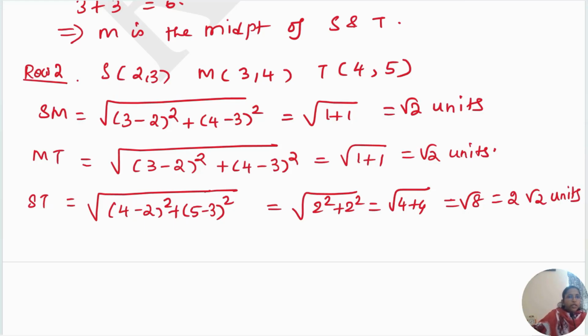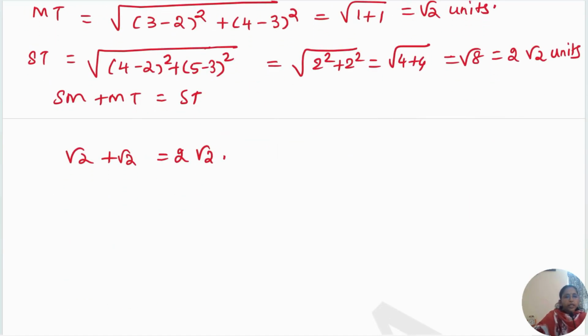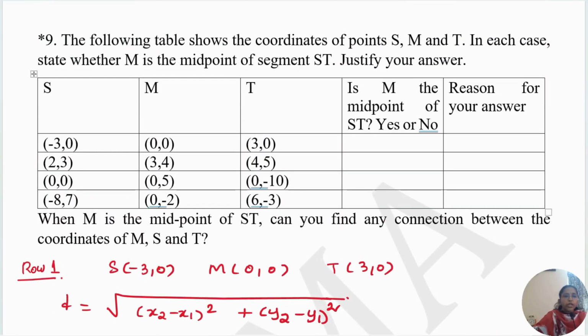So now here SM plus MT is equal to ST. So root 2 plus root 2 is equal to 2 times root 2. So you can now declare your answer. M is the midpoint of S and T.